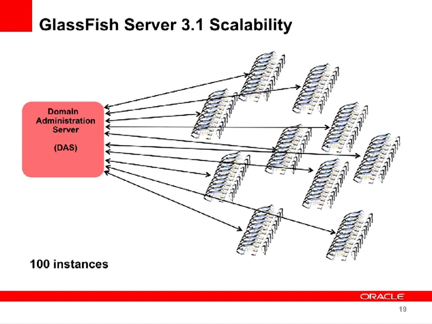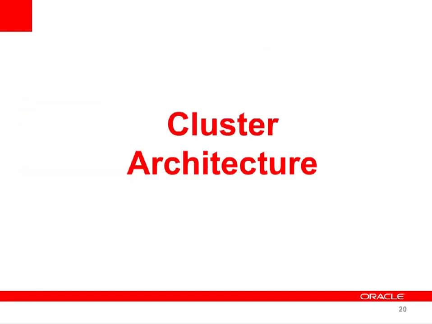You might have, for example, hardware limitations on the DAS or in your environment that constrain how many instances you'll be able to run. But technically speaking, we support up to 100 instances. And we still have a very responsive DAS and very responsively deploy applications. So a lot of effort has been done here on DAS scalability.